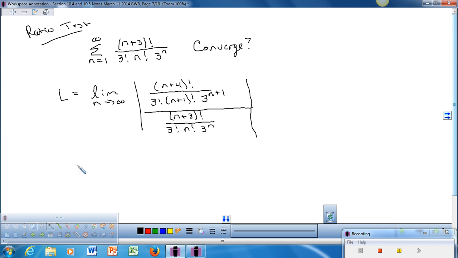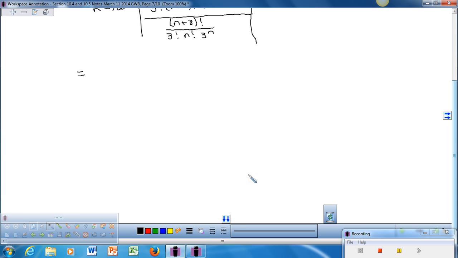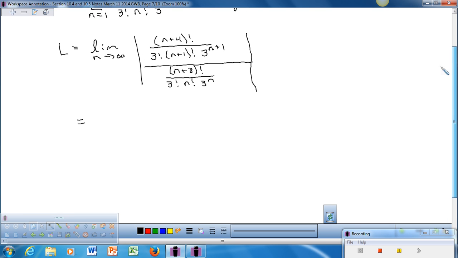So down below, we're going to rearrange it so it's easy to see how things cancel. We're going to do the limit as n approaches infinity of the absolute value. When I divide by this fraction, it's the same as multiplying by its reciprocal. So I can put the (n plus 4) factorial over the (n plus 3) factorial, times, now these things that are in the denominator here, when I multiply by the reciprocal, will come to the top.